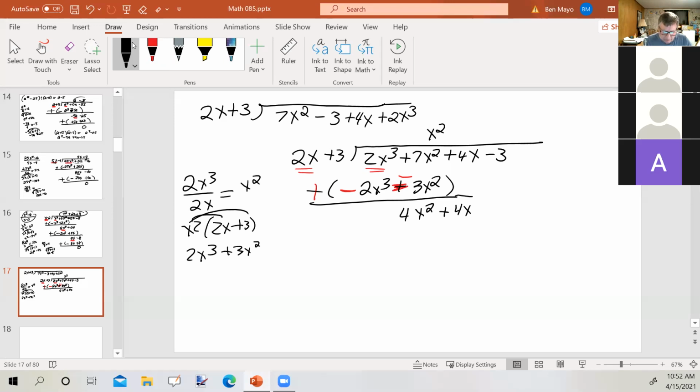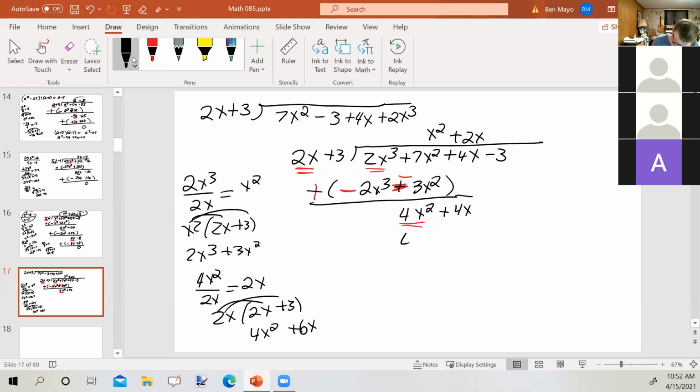Yes. All right. So again, leading term inside divided by leading term outside. 4x squared divided by 2x would be 2x, so plus 2x. 2x times 2x plus 3 is 4x squared plus 6x.